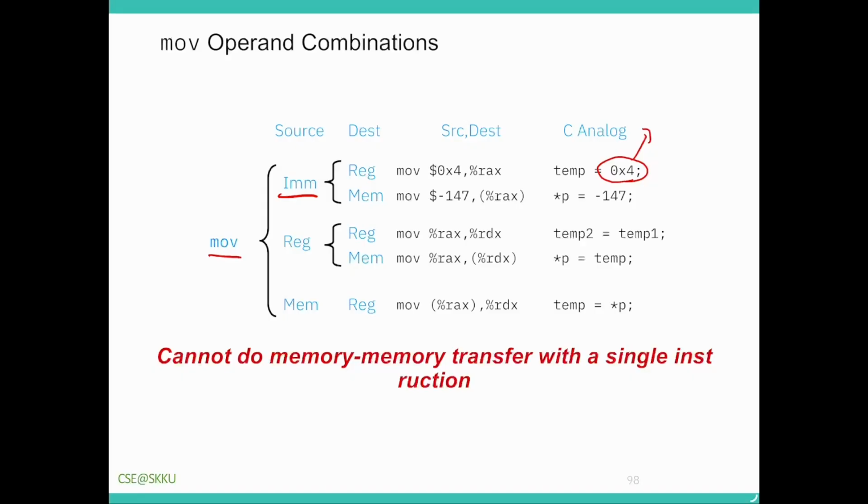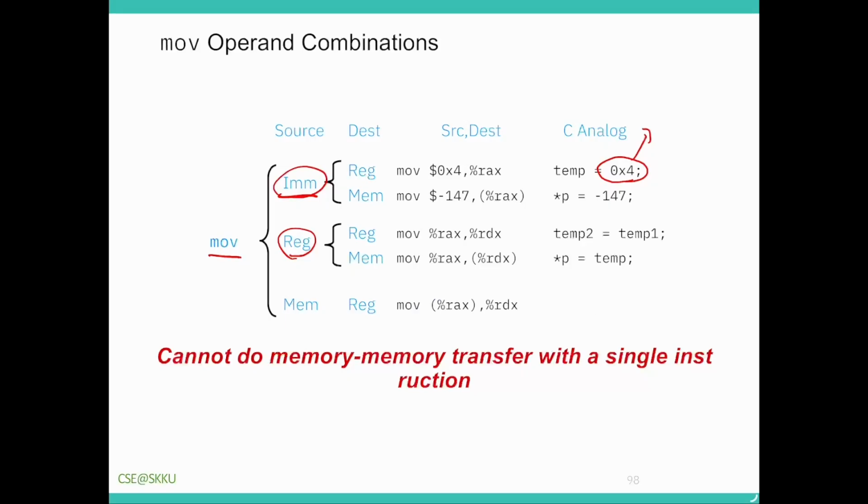For immediate constants, these numbers are encoded directly into the machine code without getting loaded from another register or another memory location. We can also have a register type of operand.